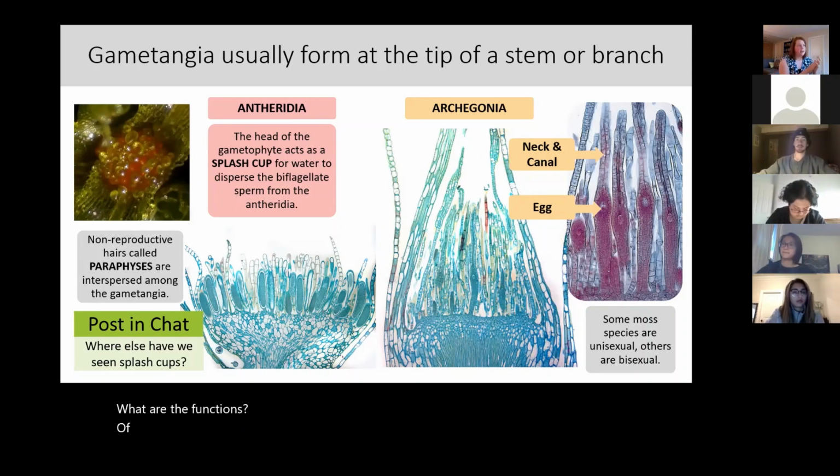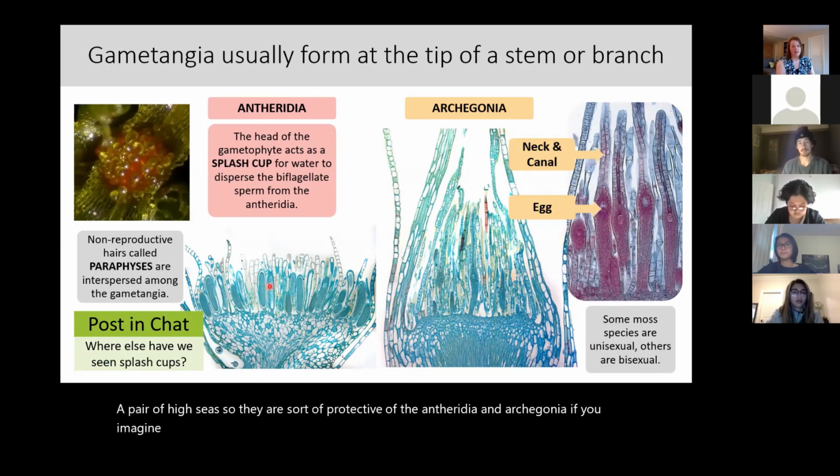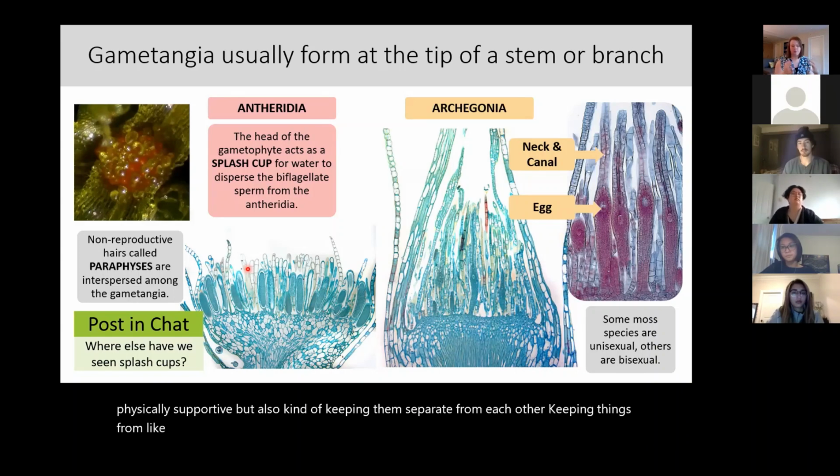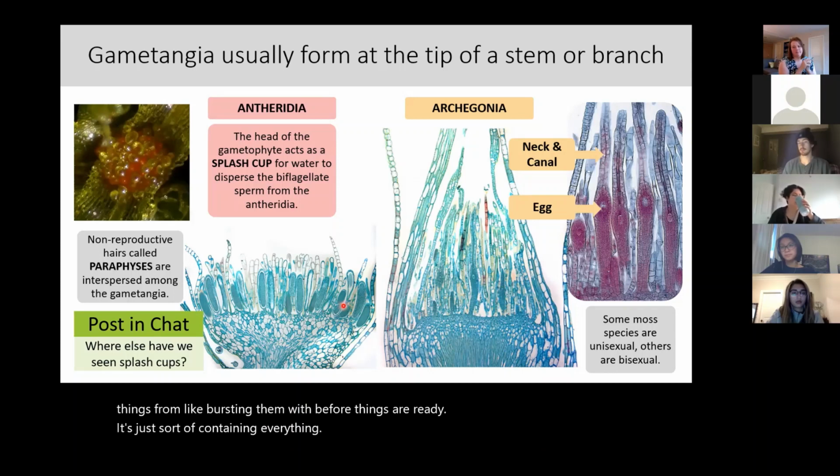They are protective of the antheridia and archegonia. If you imagine you just have the antheridia exposed on a surface without the physical support, but also keeping them separate from each other, keeping things from bursting them before things are ready, just containing everything.